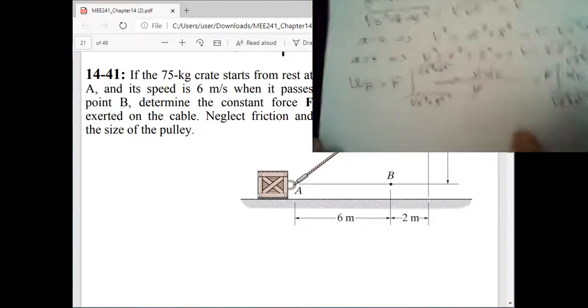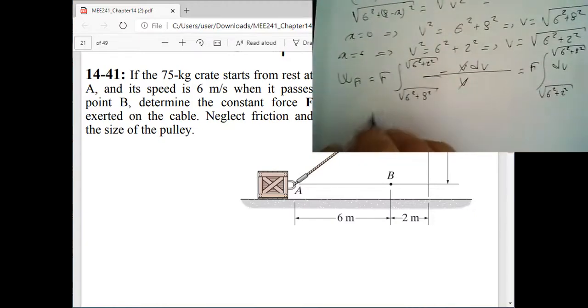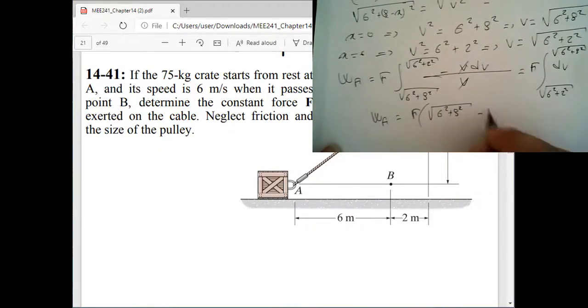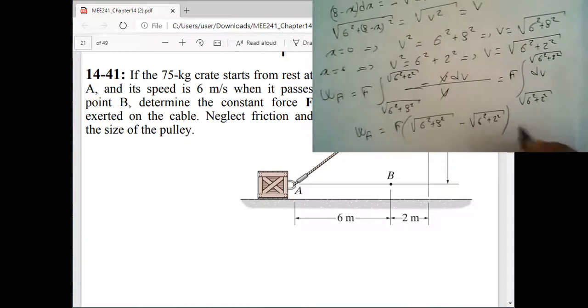So the work of the force F is going to be equal to F times the square root of 6 squared plus 8 squared minus the square root of 6 squared plus 2 squared. And I know the work of this force is going to be equal to how much? Minus 1 over 2 m, which is 75, multiplied by the velocity squared, 6 squared.